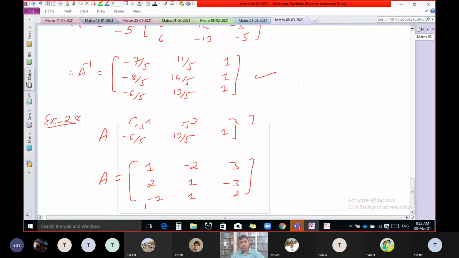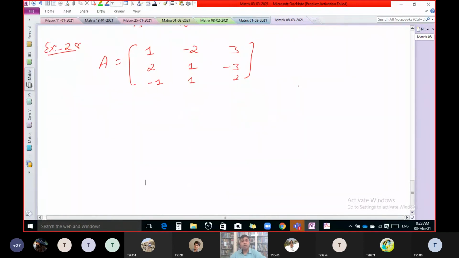So let us start. First step, find out the determinant. Determinant of A. Select the first row and write the elements of the first row like this: 1, minus 2, and 3. Multiply them with their minors. What is the minor of 1? Be fast. 1 minus 3, 1, 2.